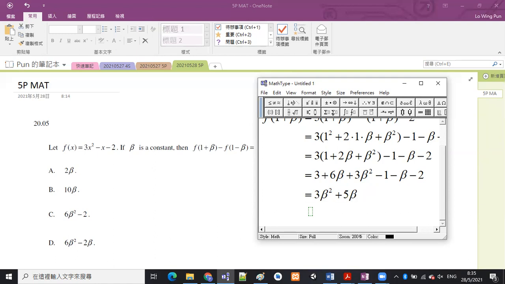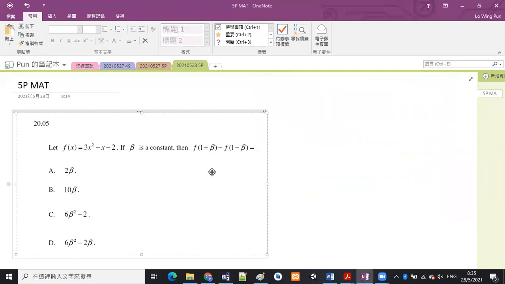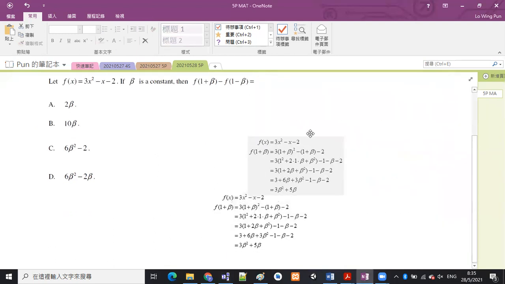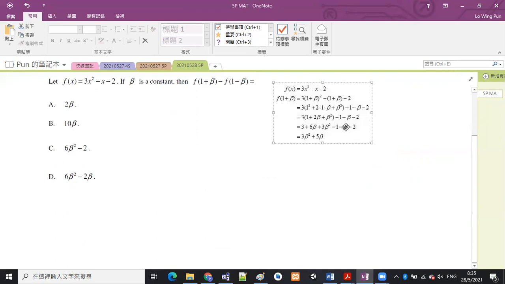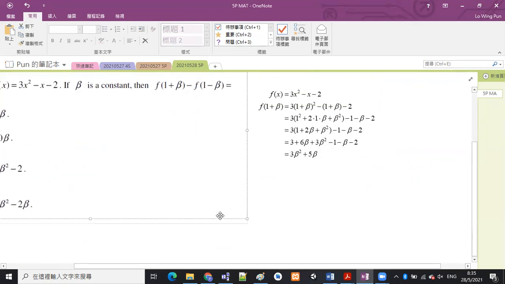So it should be completely cancelled, becomes 0. So there is no more constant term here. Get this? And so this is what we want to prepare for the f(1 + beta) like this. Can you see?